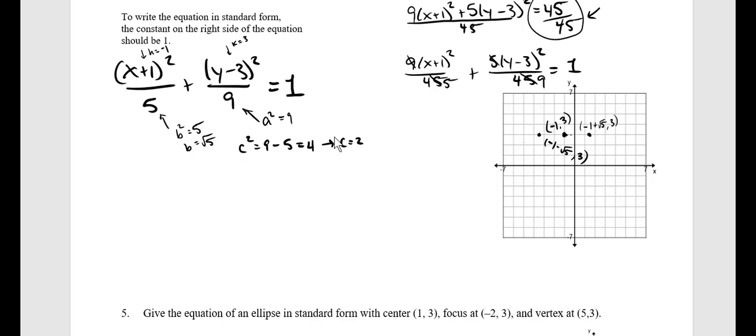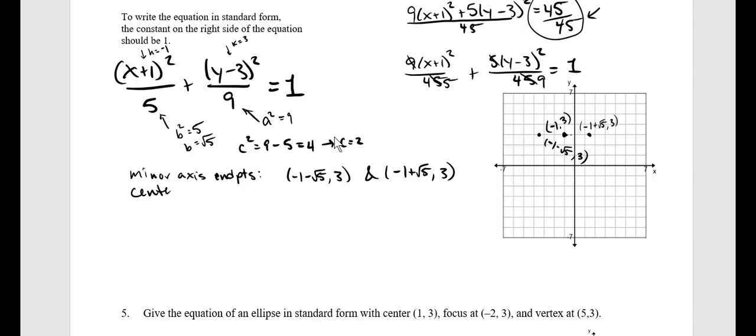I'll erase those by the time I actually sketch this picture, but I just want to see those labels there. Minor axis endpoints: -1 minus root 5, comma 3, and -1 plus root 5, comma 3.